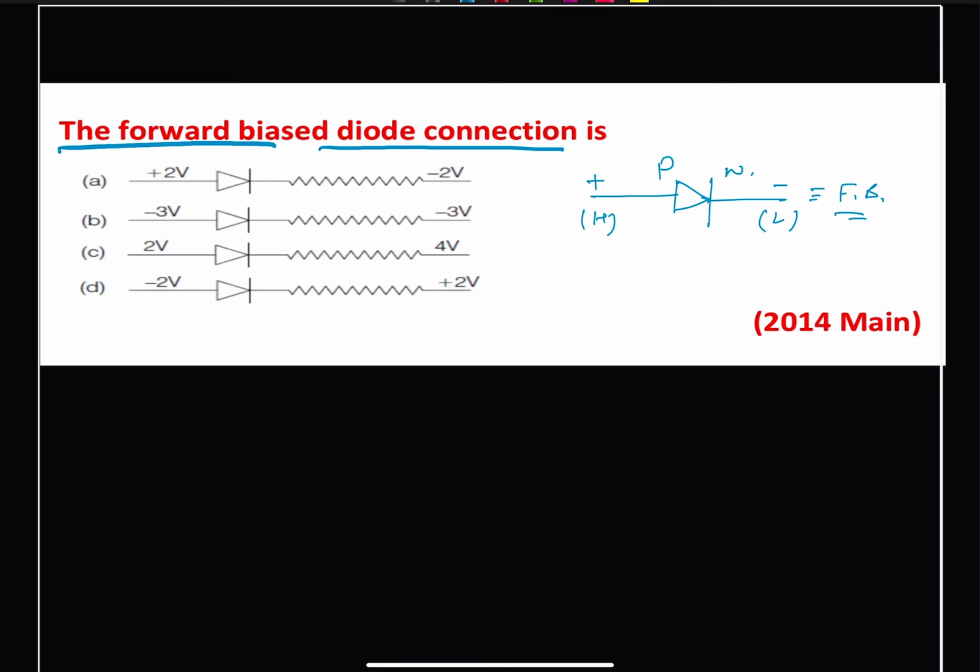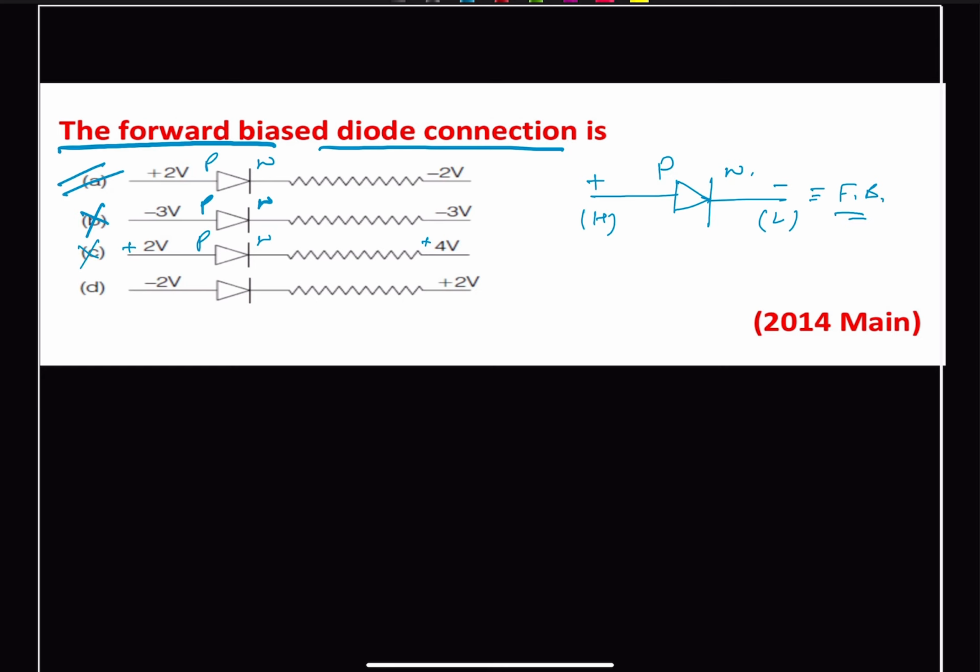Therefore, in option A, P is connected to higher and N is connected to lower, so this results in forward bias. In option B, P is connected to minus and N is also connected to minus, so they are at the same potential, it is wrong. In option C, P is connected to plus 2 and N is connected to plus 4, so this is also wrong.